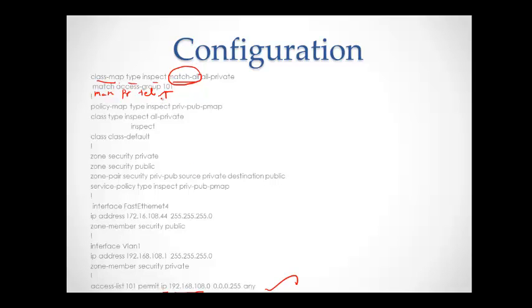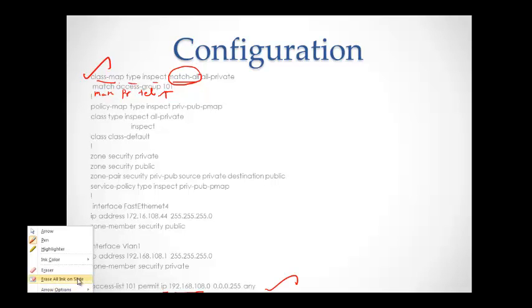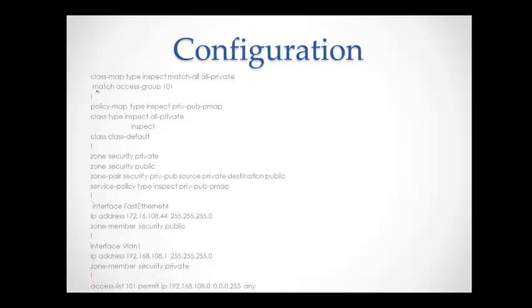If any one is not matching, then this class map will not be effective. Now in our case we have only one match statement. Why do we have match all then? I tell you, this is default. Even if you don't mention, it is match all. If you want to match any one of the statements, you need to say match any.